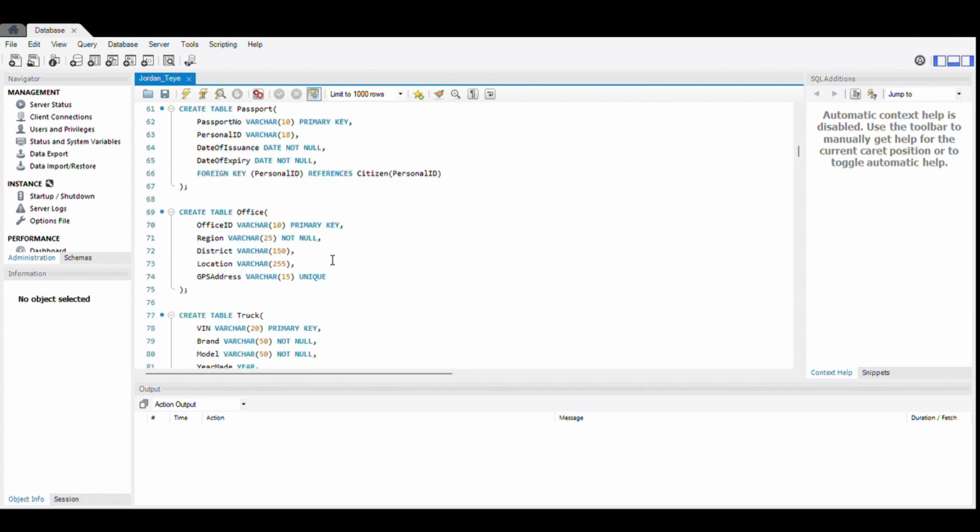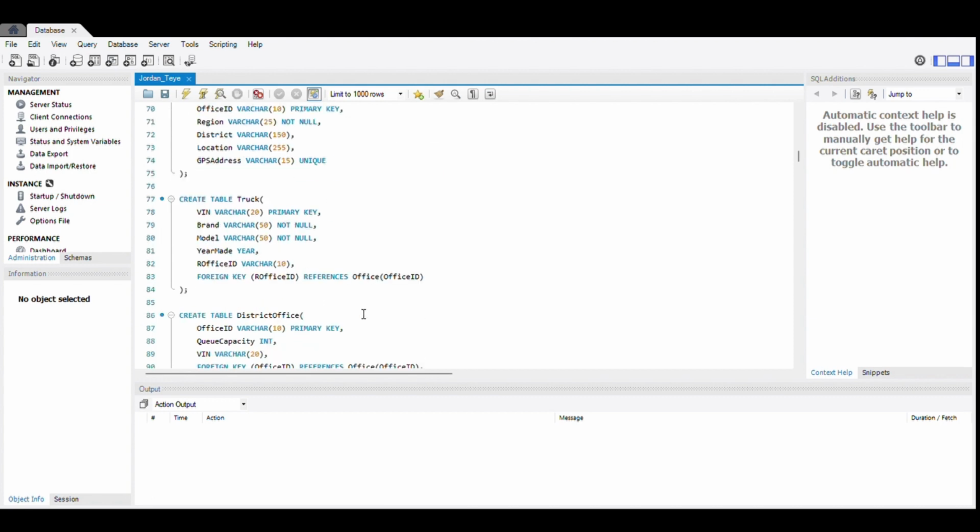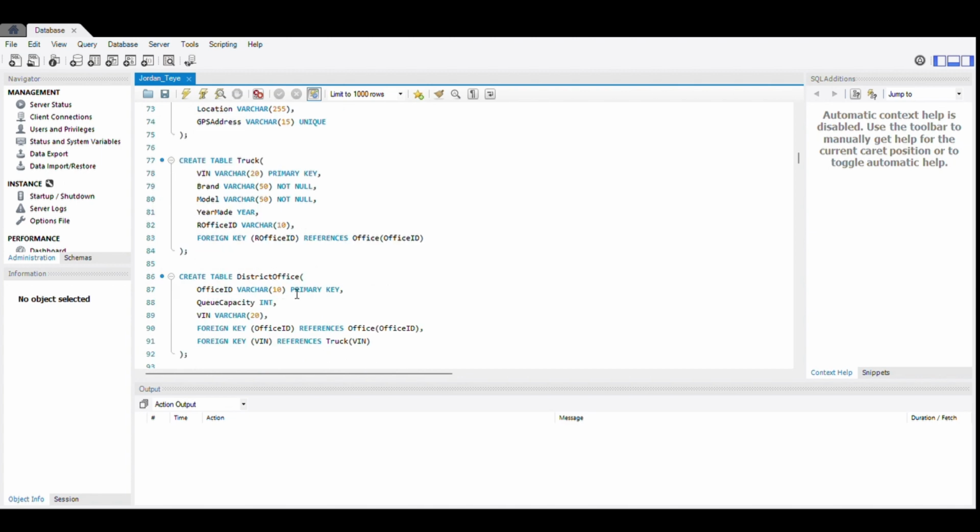Then we have the office, which is the generalized form of the offices, which is the district office and regional office. Then we have the truck, which has VIN, brand, model, year made, and then regional office ID.